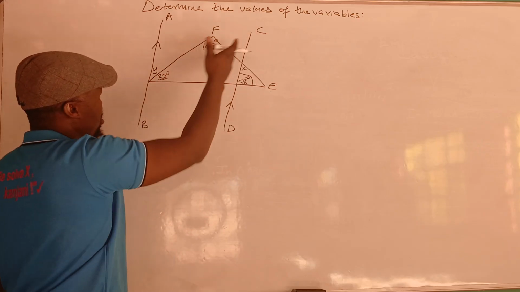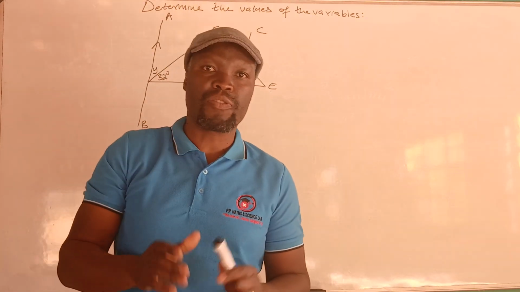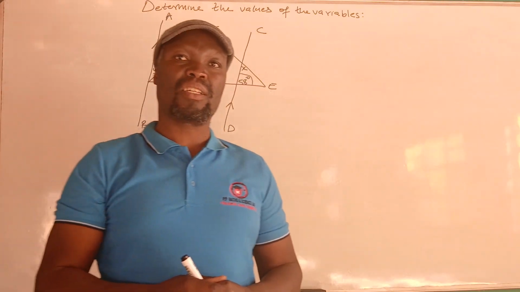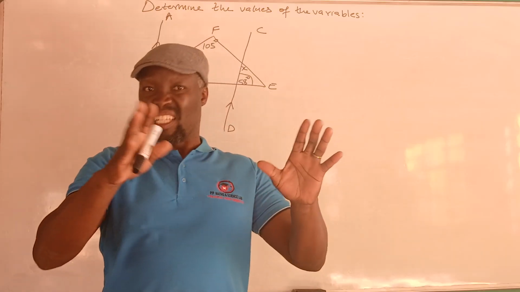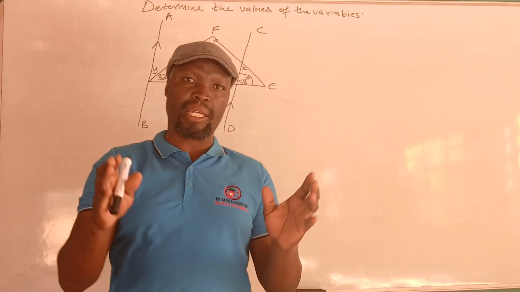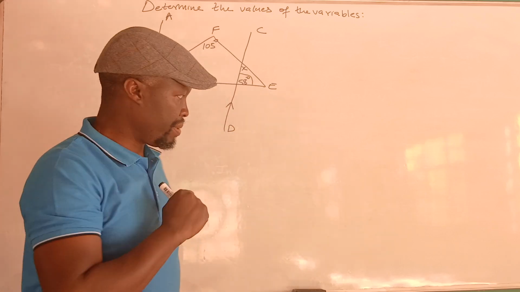These two line segments are parallel to each other, and we know our basics as far as parallel lines are concerned. We know our basics regarding alternate angles, corresponding angles, as well as co-interior angles.